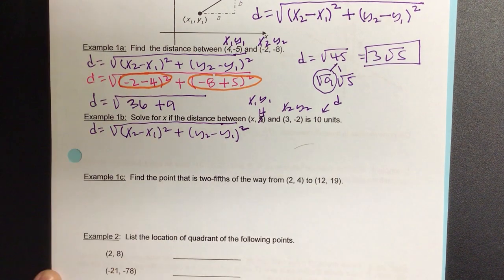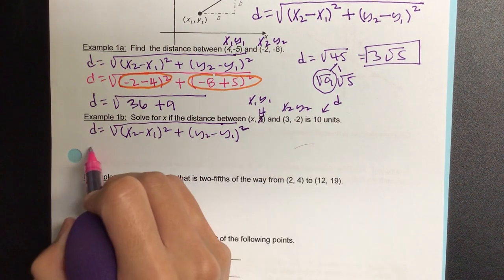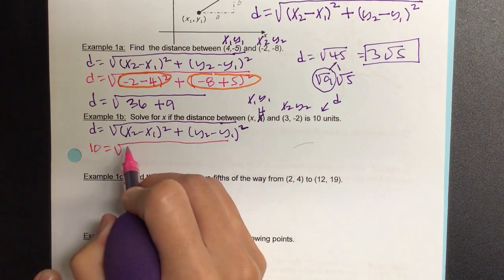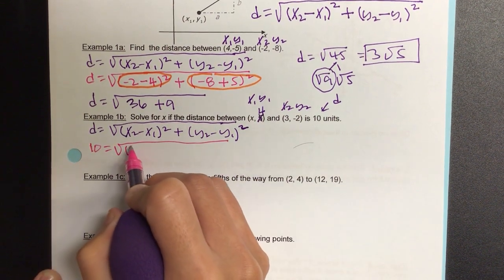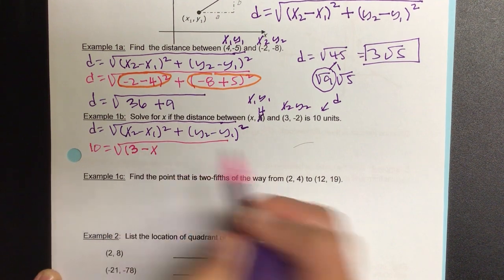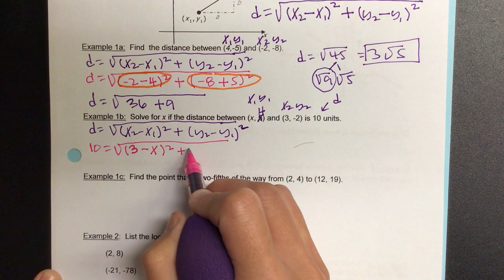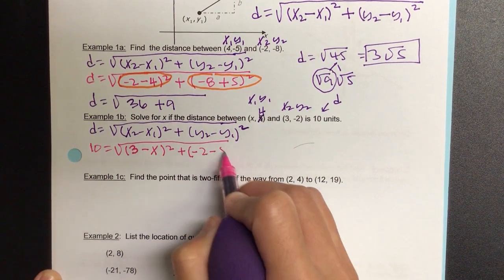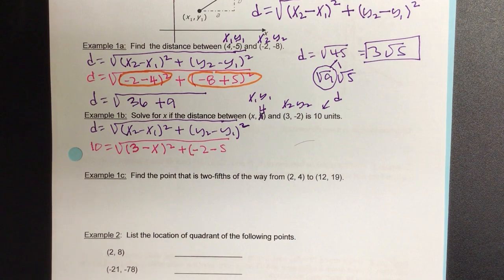Let's plug them in. We know our distance is 10. Square root. What is my x2? 3. And then we have minus x all squared plus, what's my y2 and y1? -2 minus, not 5. The original was 5, it was 4.